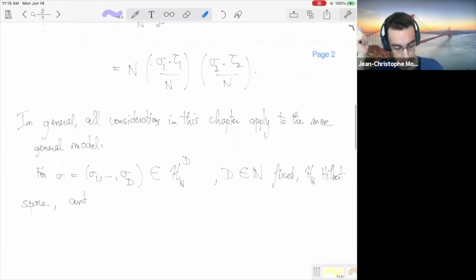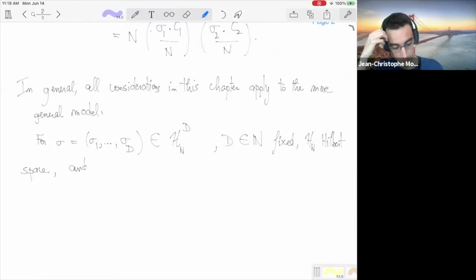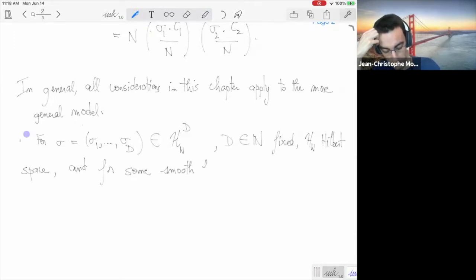So let me write this. For some function, let's say smooth, just for simplicity, which I'm going to denote psi. It's going to take as an argument this matrix of scalar products and return a real number.